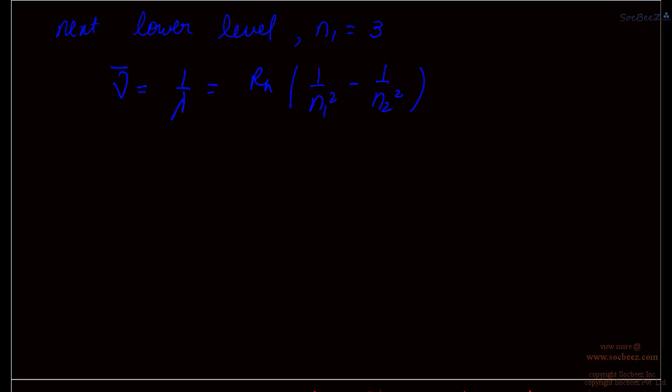If we substitute all the values, we get 1 upon lambda equals 109,679 into 1 upon 9, that is 3 square, minus 1 upon 16, that is 4 square. The value of RH was given in the question. It was 109,679.